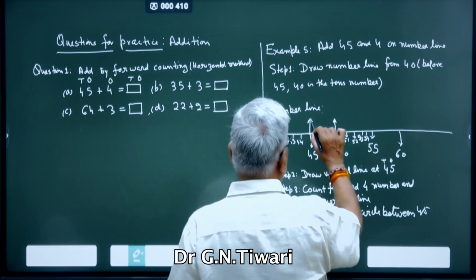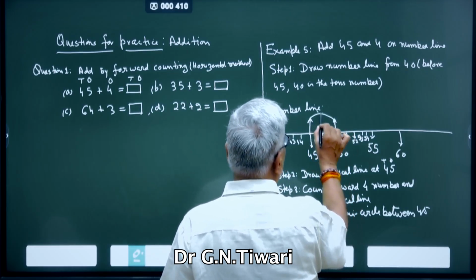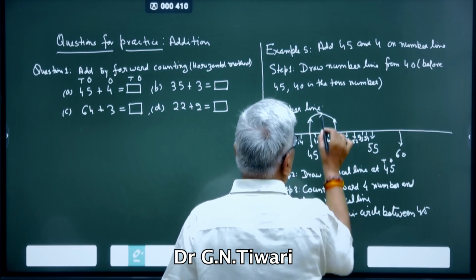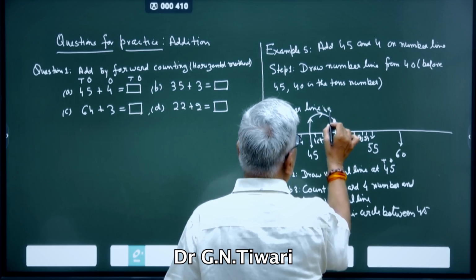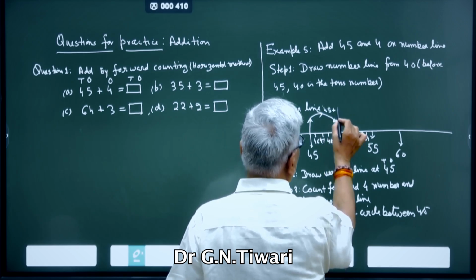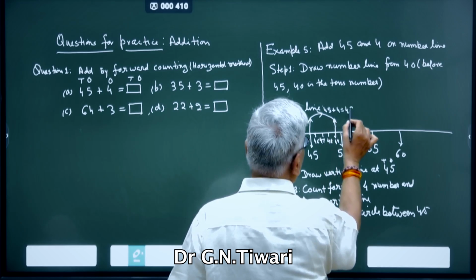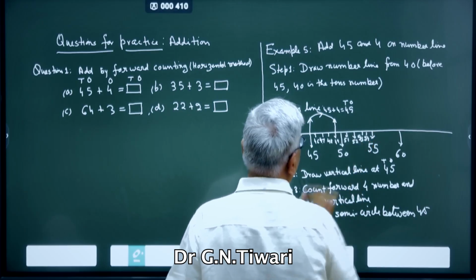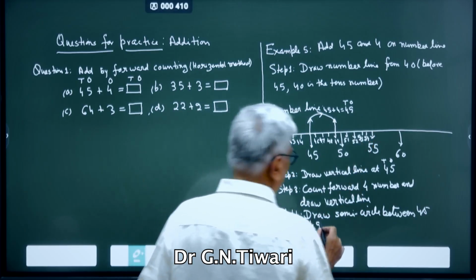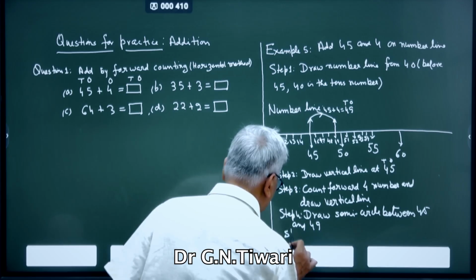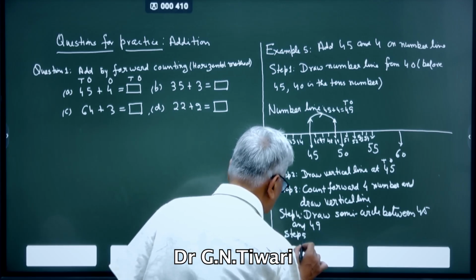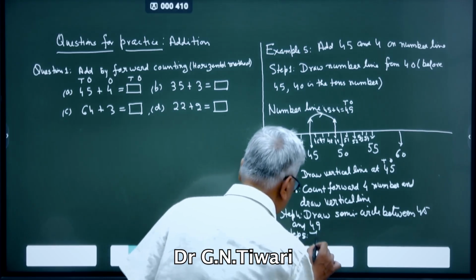You have to draw the semicircle from here, and this gives you 45 plus 4 is equal to 49. The result is step 5.